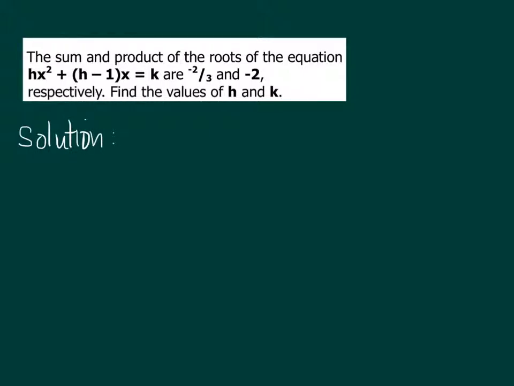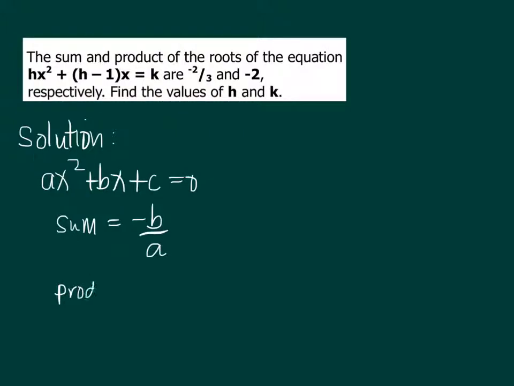So we know that for any ax squared plus bx plus c equal to 0, the sum of the roots is equal to negative b over a, and the product of the roots is equal to c over a.